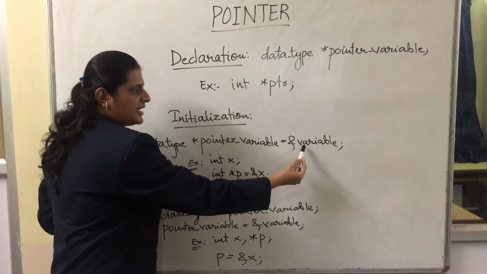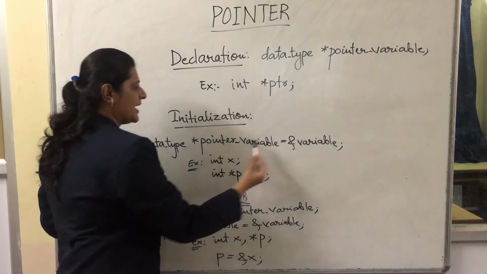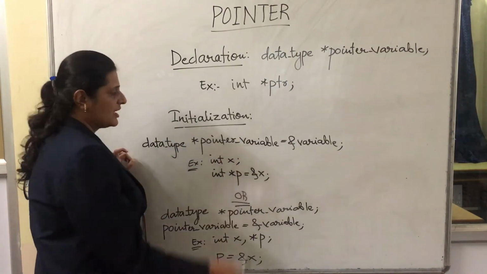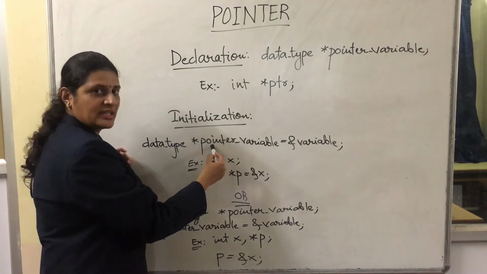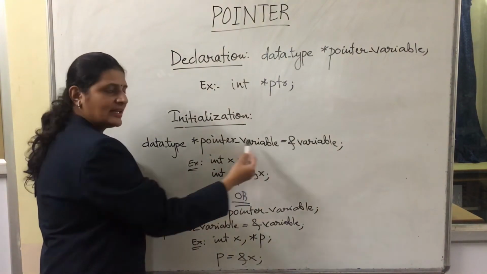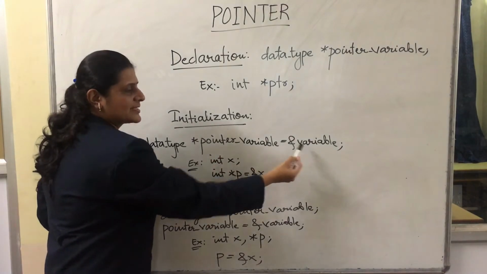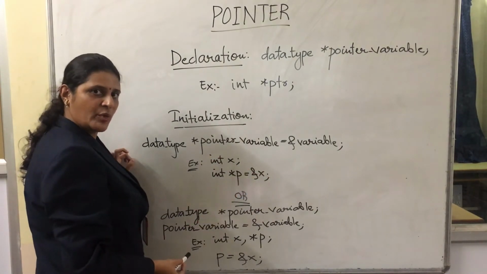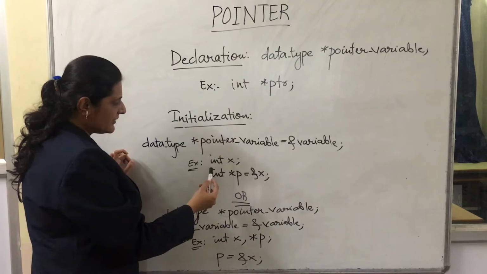This says that we are assigning the address of the variable to the pointer variable. This is the direct method. When you declare the pointer variable, at that time only you assign the address of a variable to the pointer.